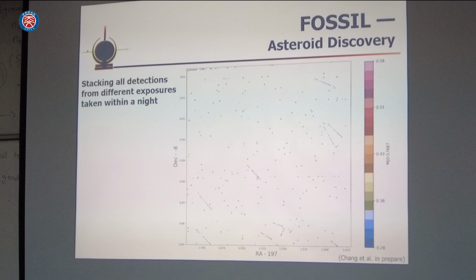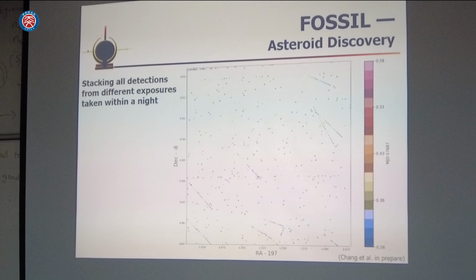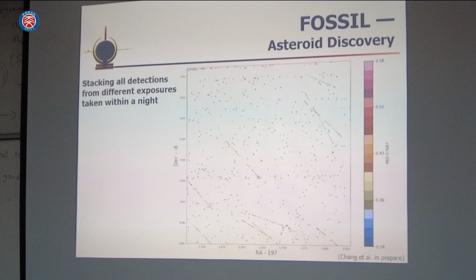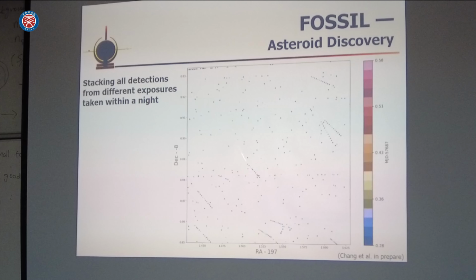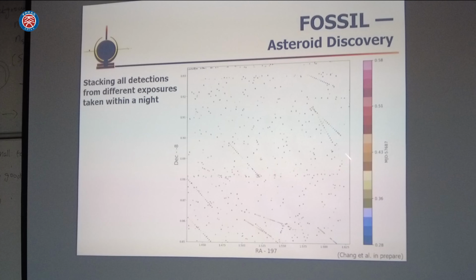If I stack all the detections from different exposures taken within a night, you will start to see the detections of an asteroid line up. So all we have to do is find an algorithm to detect these lined-up detections.